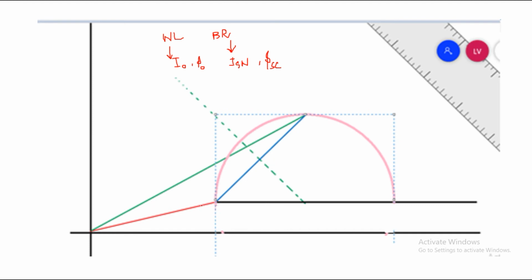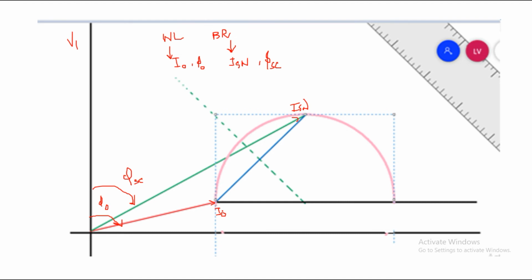And now we'll see the plotting of these two current phasors in this diagram. This is the value of I0, and it has a phase angle of phi naught from the y axis. On the y axis we have the voltage reference. This is the value of ISN, and it has a phase angle of phi SC from the y axis.